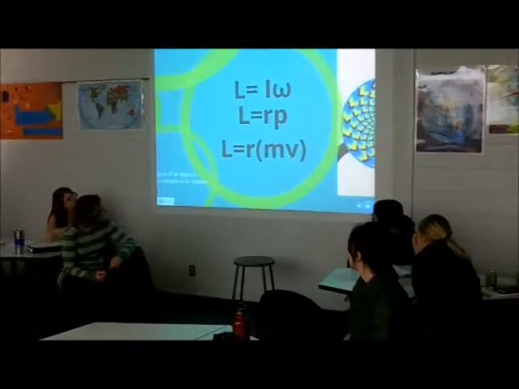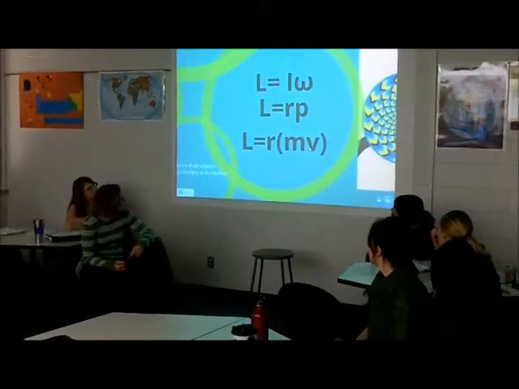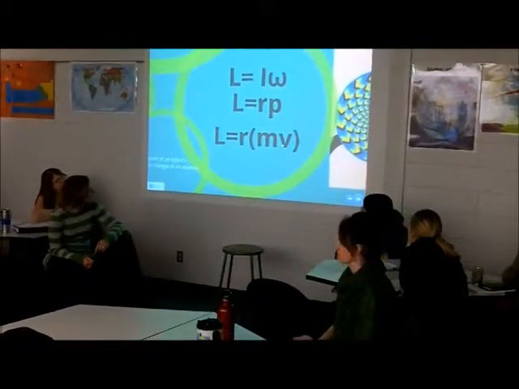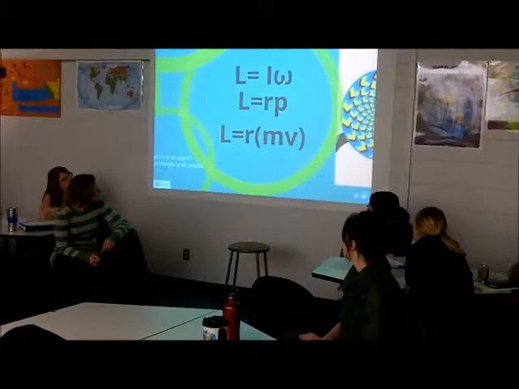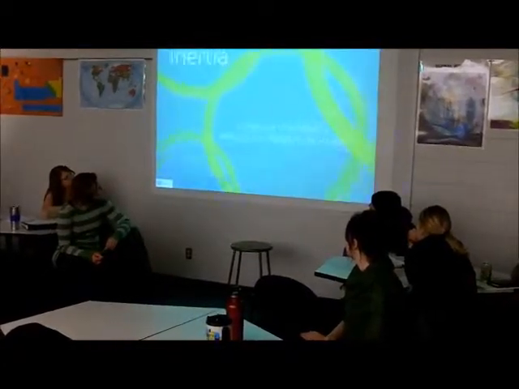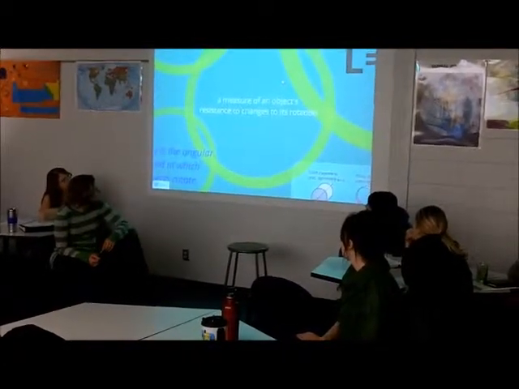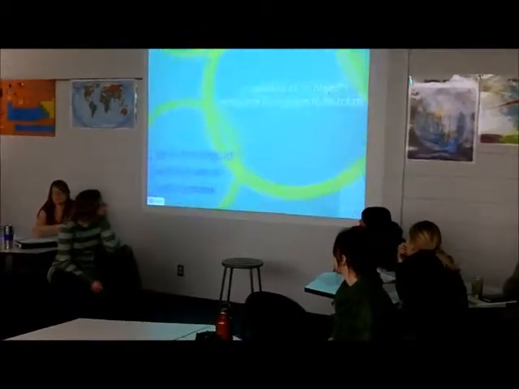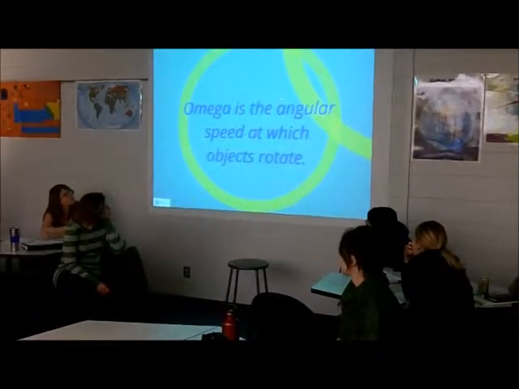This is more broken down because momentum is mass times velocity. And omega, the funky looking W, is... a moment of inertia is a measure of an object's resistance to change in its rotation. And omega is the angular speed.